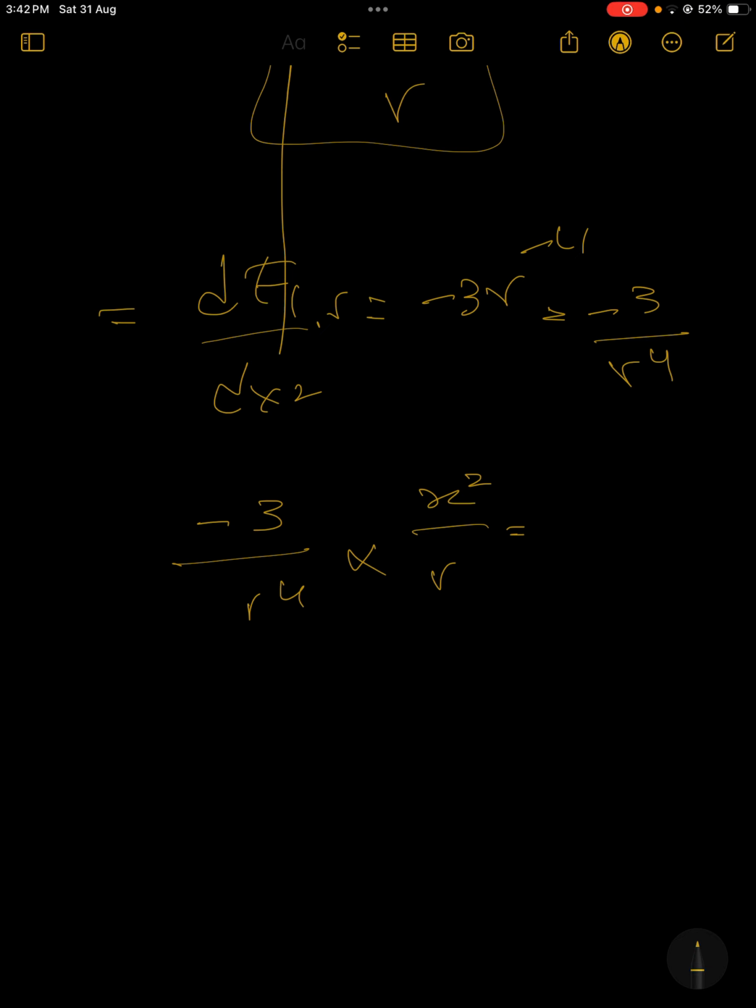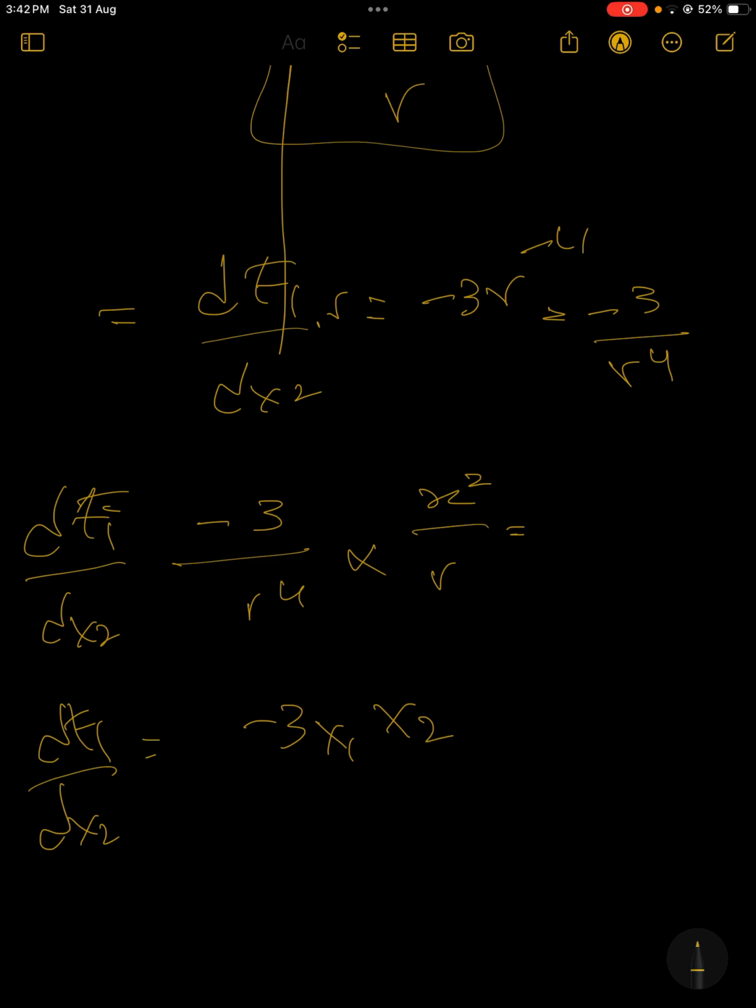Because it's df1 over dx2, we need to solve for the dx1, so this will be df1 divided by dx2 equals minus 3 x1 x2 divided by r to the power 5. r to the power 4 multiplied by r equals r to the power 5. So that's for the x1.